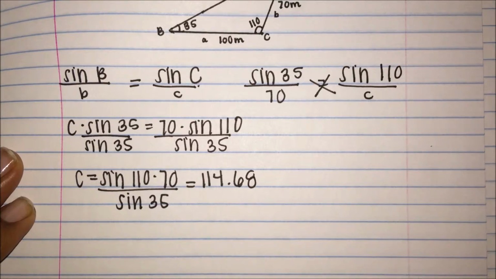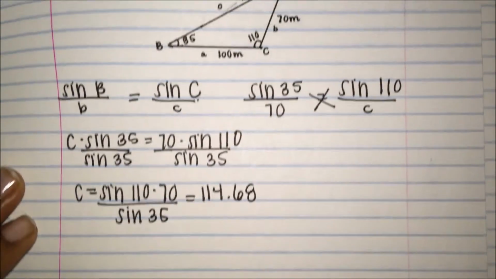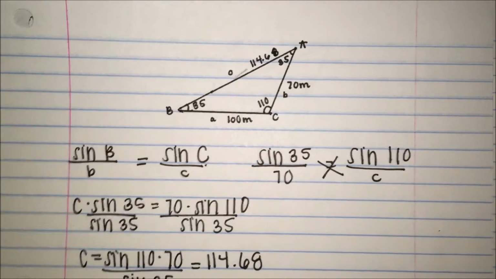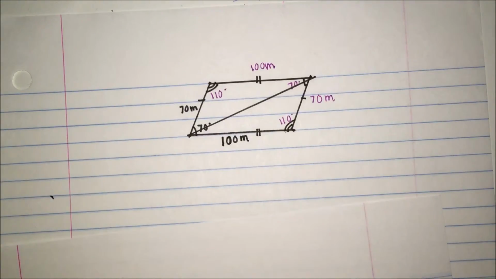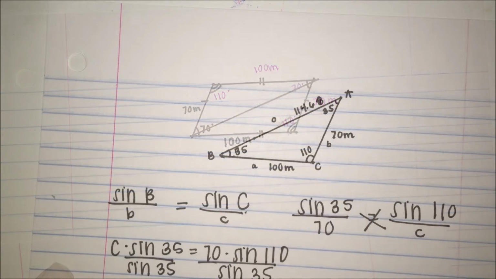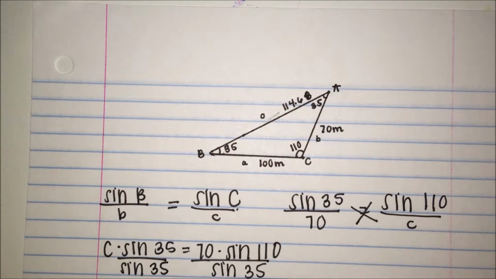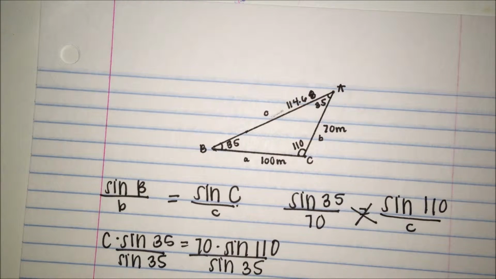So we still do not have enough information to find out what our grand area is. Now that we have all the information that we need for the triangle, we want to find the area of the triangle so we can then find the area for the parallelogram. But we don't have the base and height to do one half base times height for a triangle, so we'll have to find another way to do area.